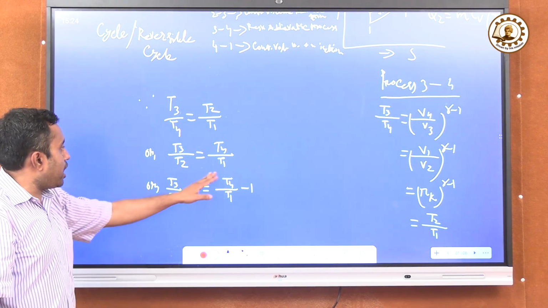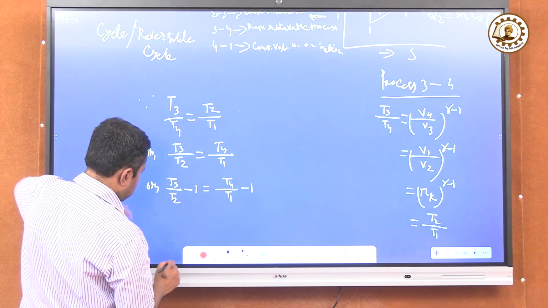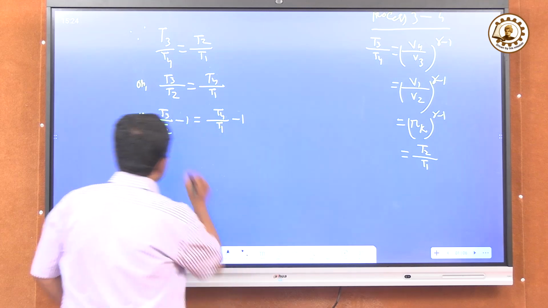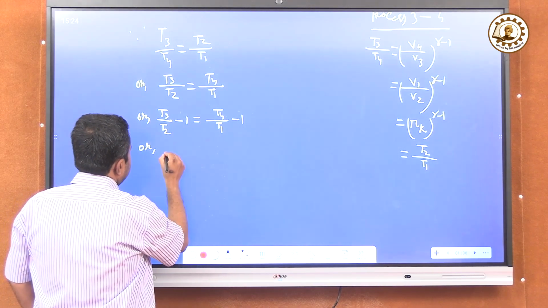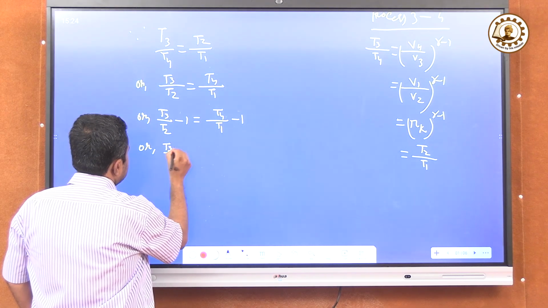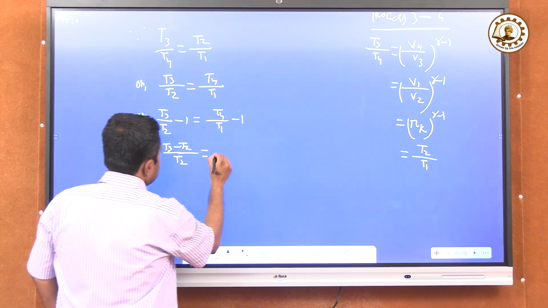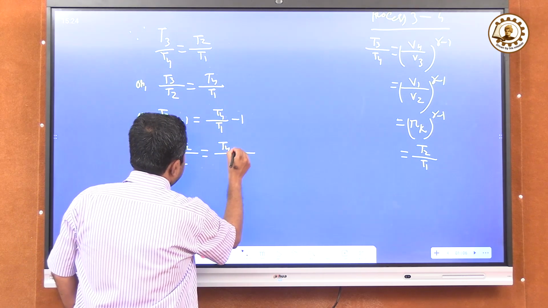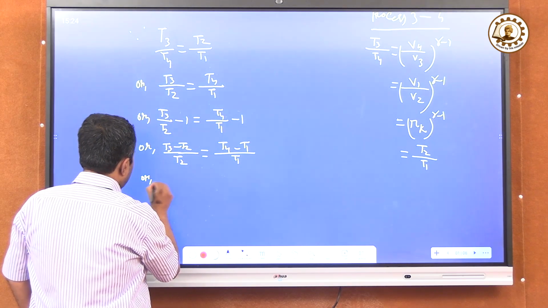There is no change in the main thing. Or we can write T3 minus T2 by T2 is equal to T4 minus T1 by T1.